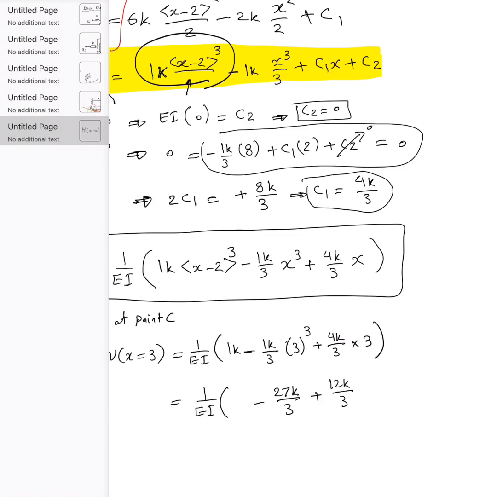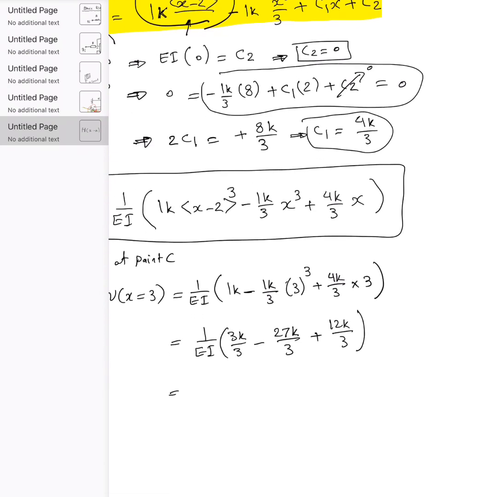Now I have the same denominator, so I can simplify that. 1 over EI, 3 minus 27 becomes negative 24, and plus 12 is negative 12.